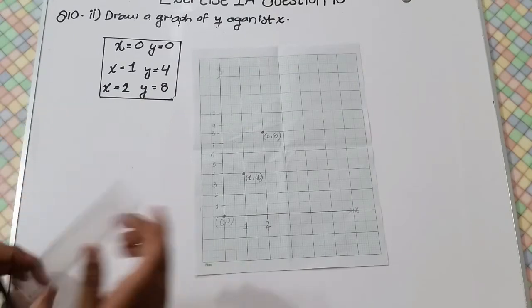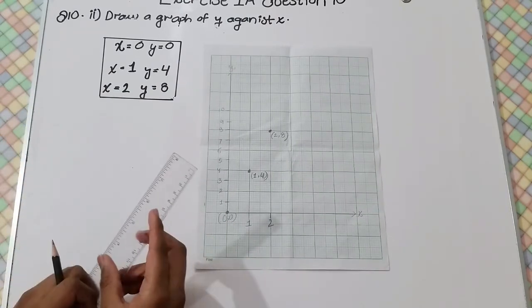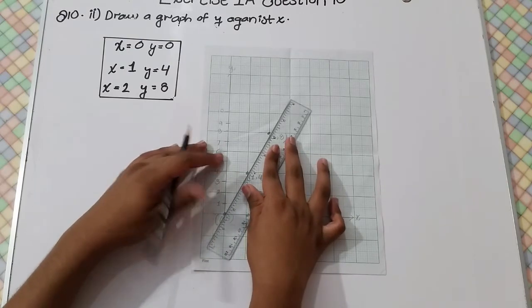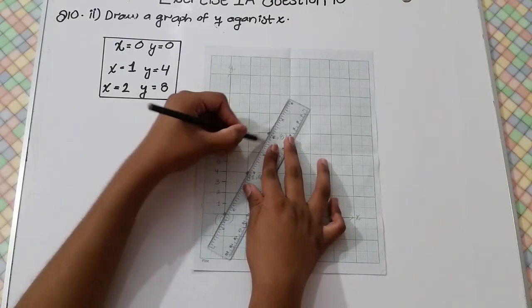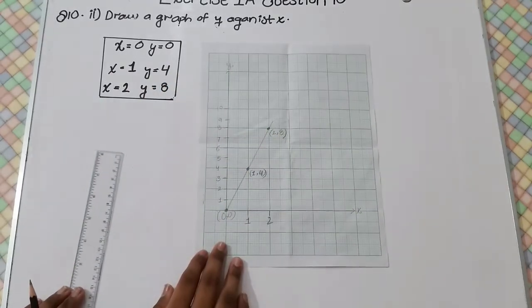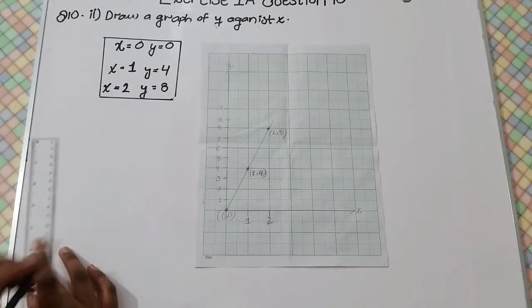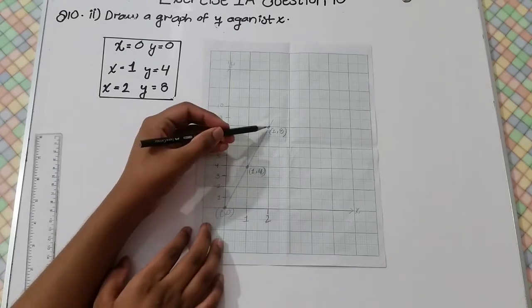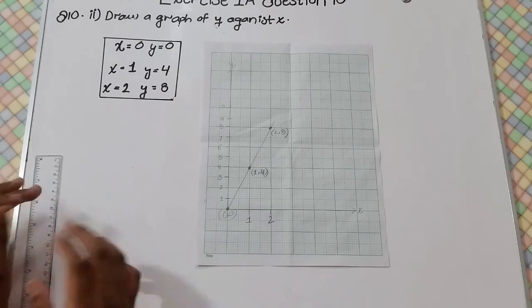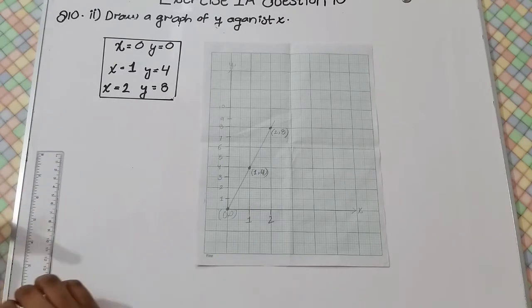Now the plotting of the graph has been done. Now we are just going to join it. So I have joined the plotted dots with the help of the values that we took out first, and then after taking out the values we plotted the graph.